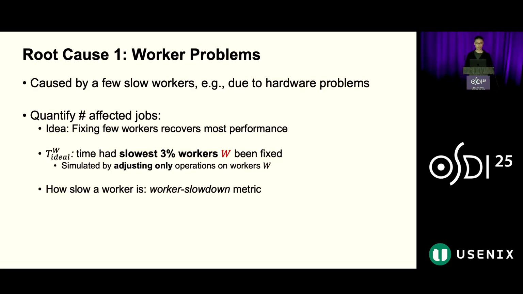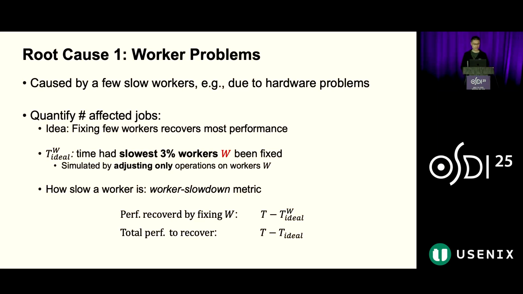To know which is this set of slowest 3% workers, we use a new metric called worker slowdown, which measures the slowness of every worker. Now we have this T_W ideal. We can know how much performance can be recovered by fixing W. Then we compare it with the total performance to recover and define their ratio as M_W.